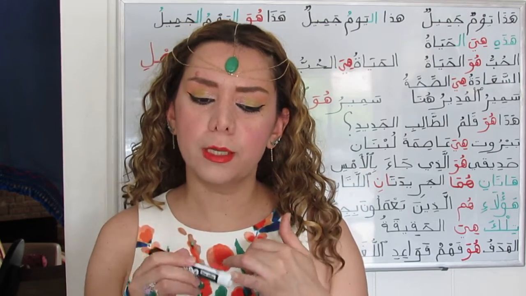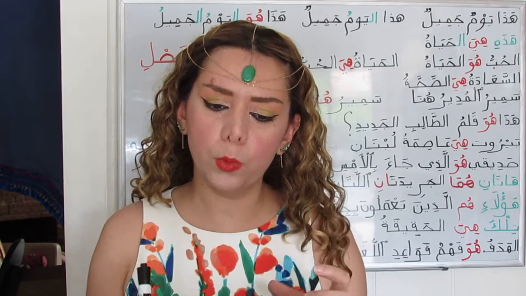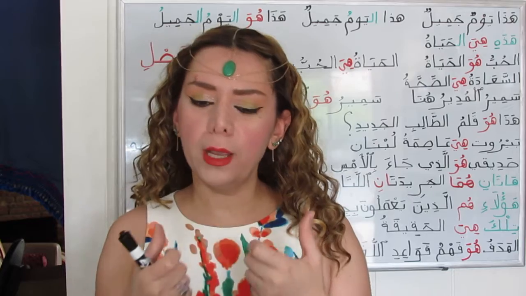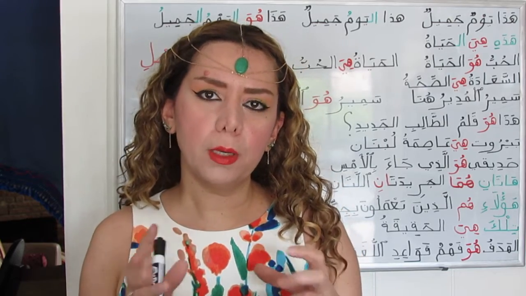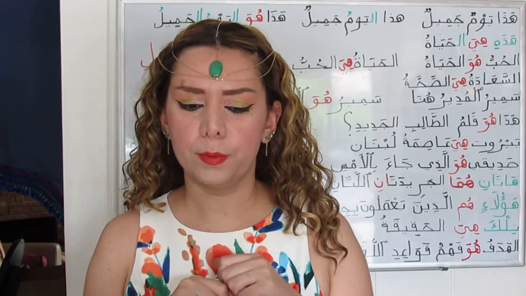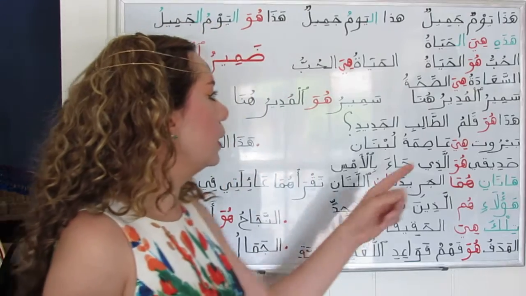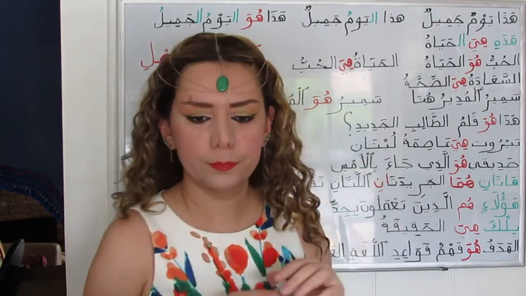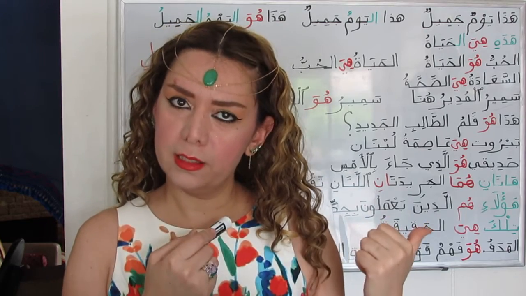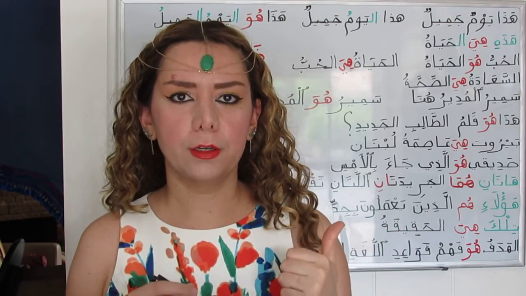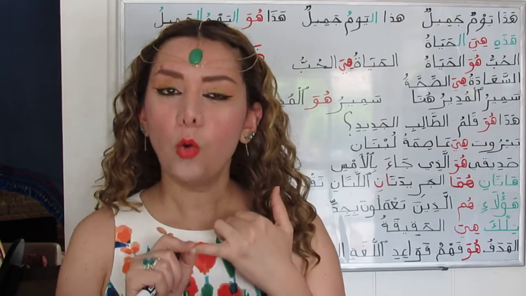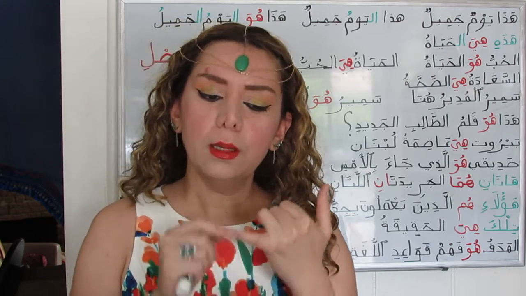If the subject and the predicate are both definite words, the meaning of the phrase could be ambiguous. For example, سمير المدير هنا. This sentence can mean either Samir, the manager, is here, or Samir is the manager here.